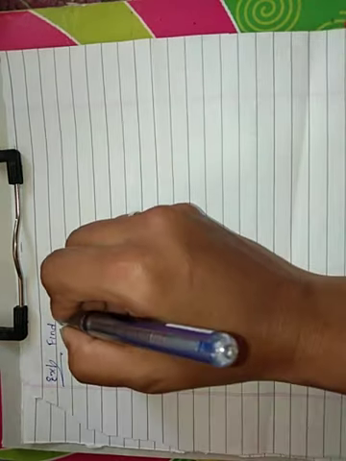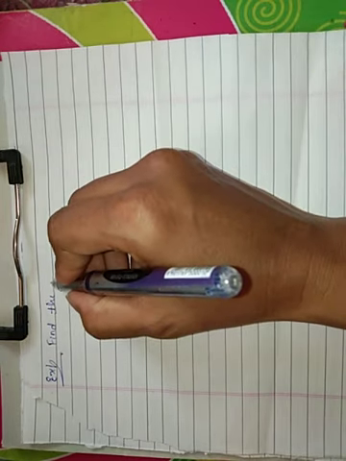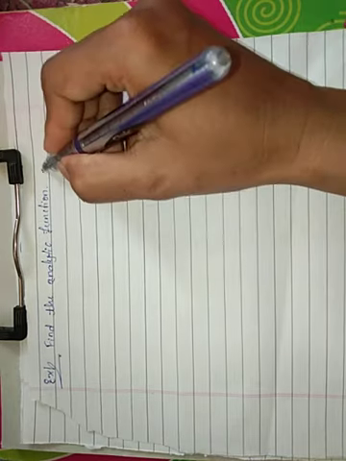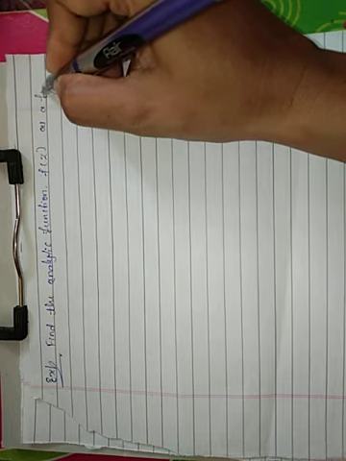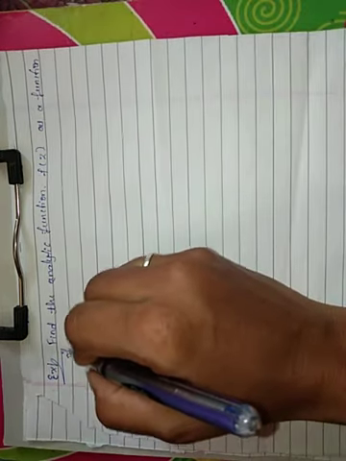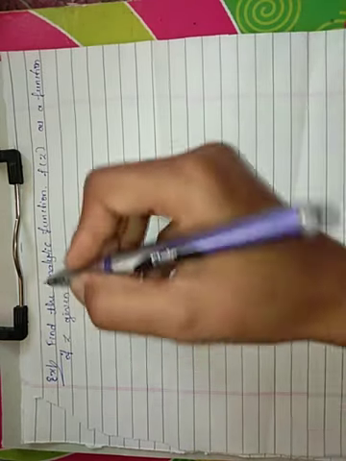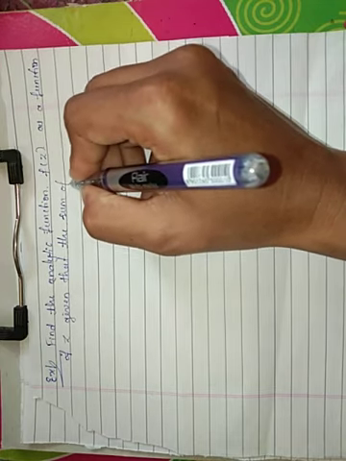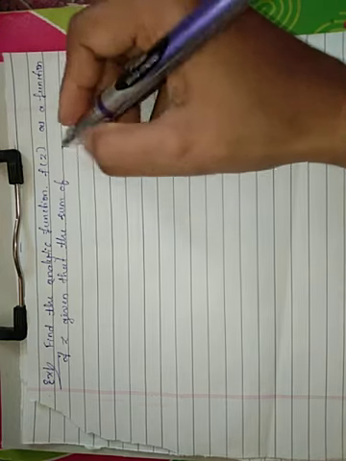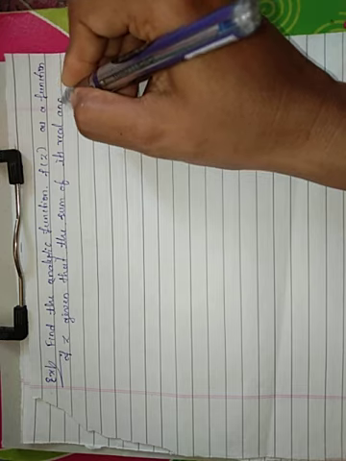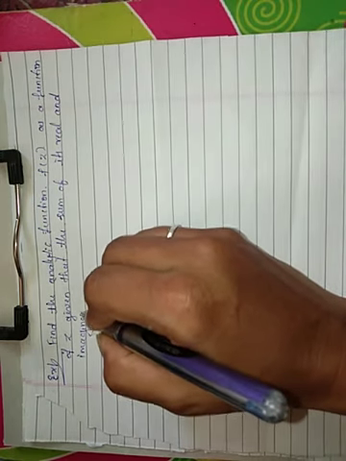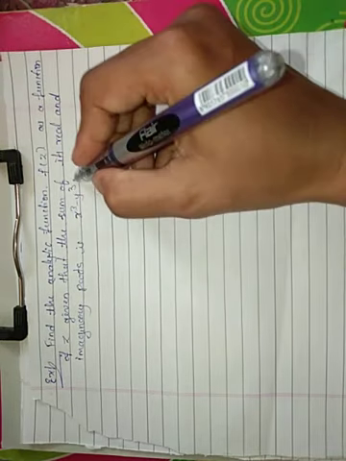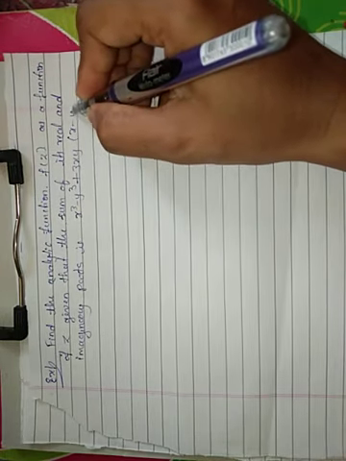The first one is: find the analytic function f of z, given that the sum of its real and imaginary parts is x cube minus y cube plus 3xy of x minus y.